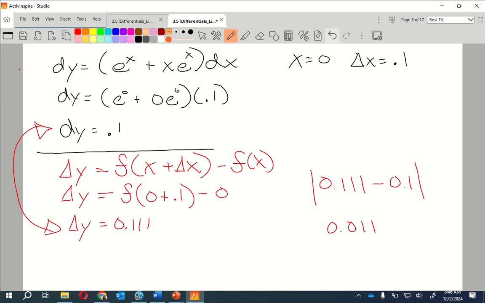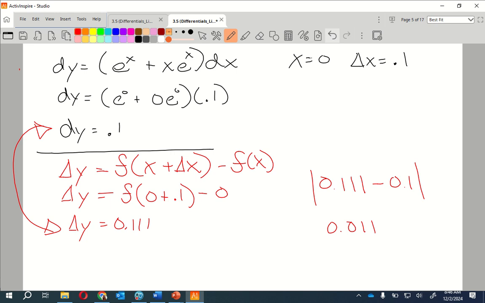What can I say as I'm getting closer and closer, or smaller and smaller delta x's? Can we see it yet? Christian, can you see it? What's happening? The closer what? Okay, closer to 0.